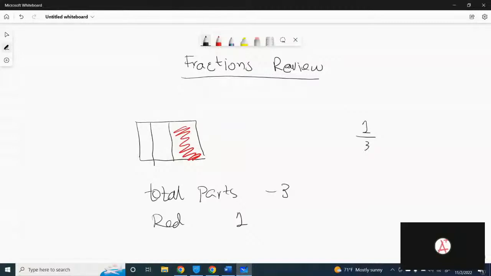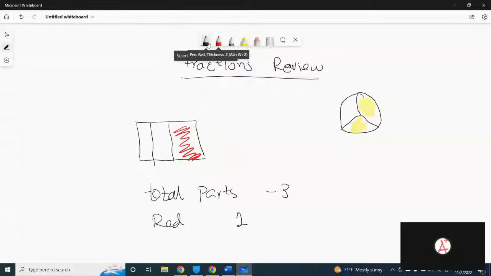Okay, let's do another example. You have another shape, and it looks like this. The shape has 2 of the portions colored yellow. You need to write what fraction of the shape is yellow.